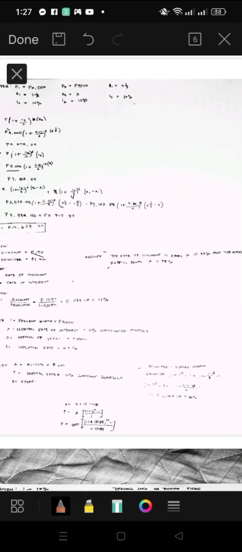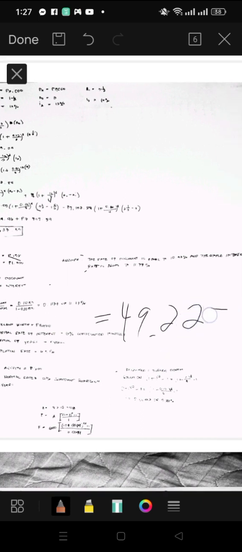So substituting, 50,000 quantity of 1 plus 0.061677 over quantity of 1 plus 0.065 raised to the power of 5. So the final answer is 49,225 pesos. So that is the final answer for the future worth.